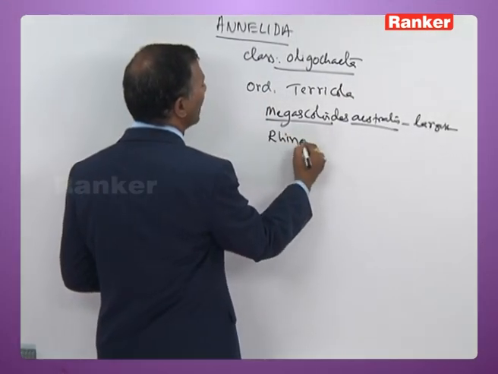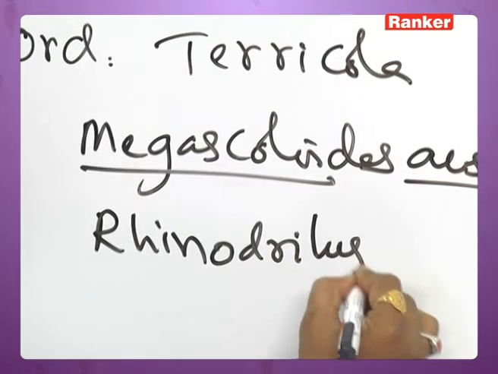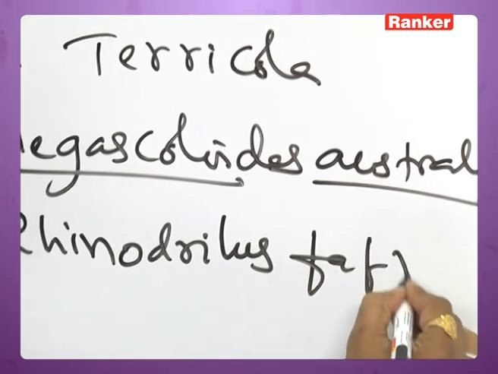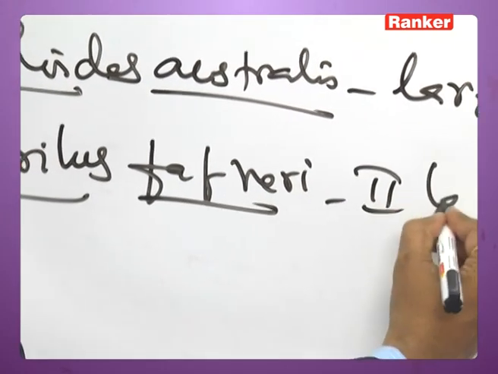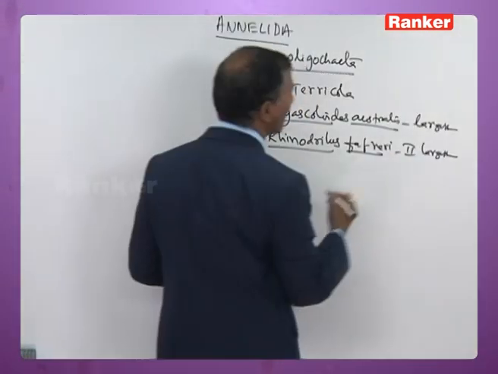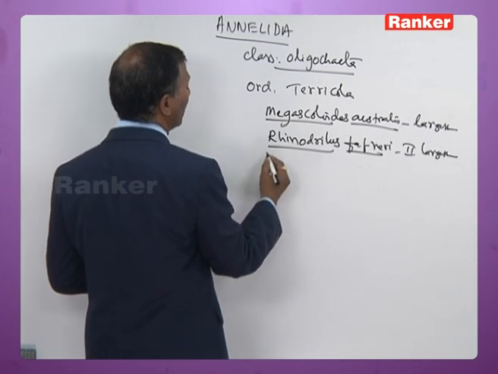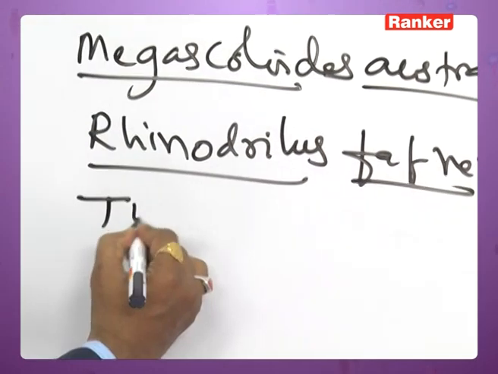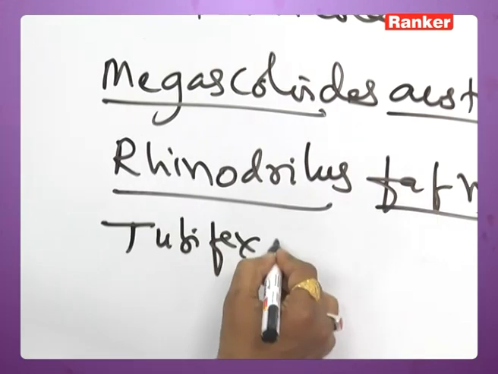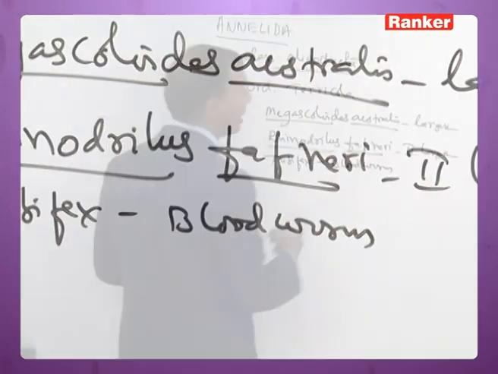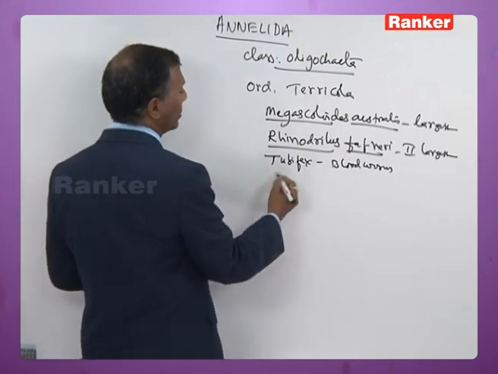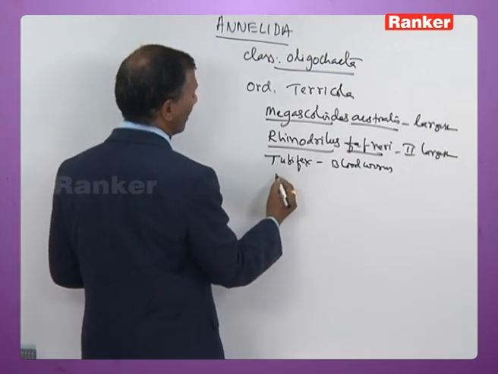Rhinodrilus fafneri is the second largest annelid. Then you have Tubifex, commonly called bloodworm, which also belongs to this.